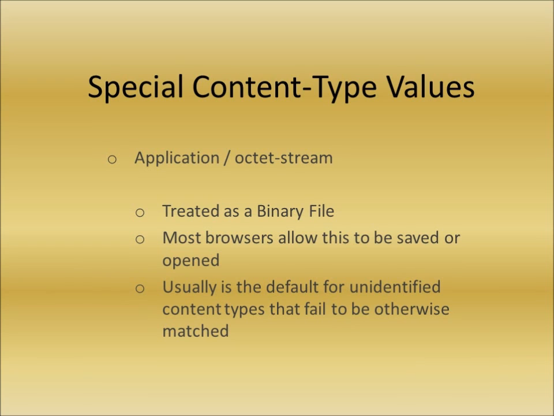This content type is treated as a binary file, and the user will likely receive a dialog prompt to save, open, or cancel. If your browser allows you to open this directly, you need to be careful that you understand the potential ramifications. A better bet might be to save the file and scan it with an AV product before allowing it to execute.